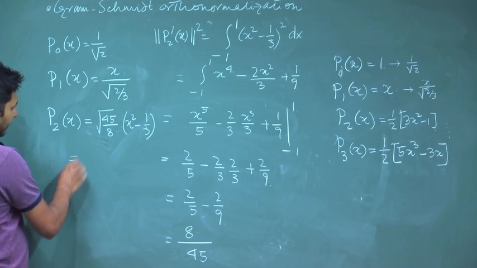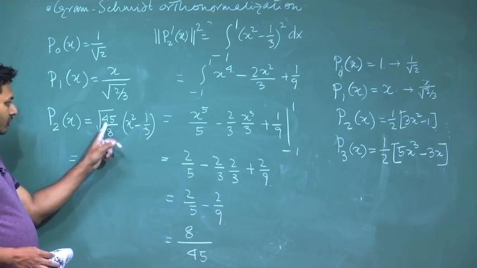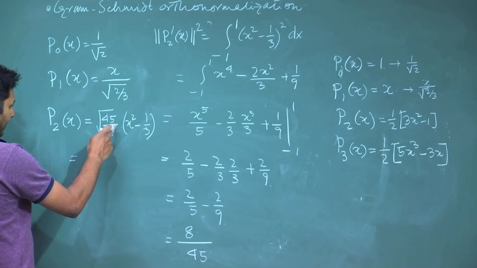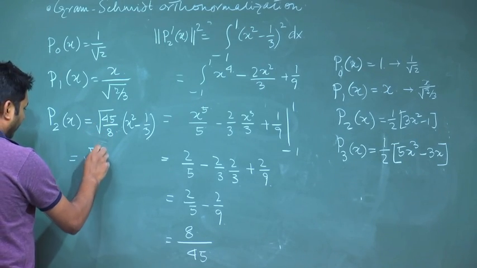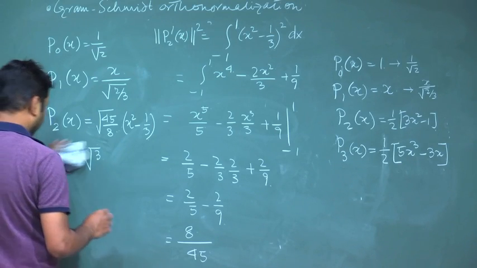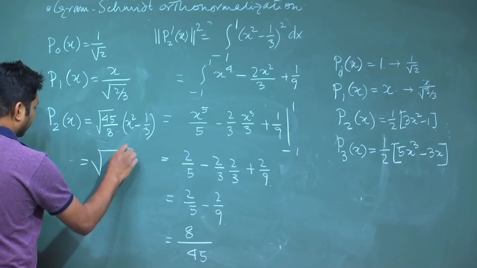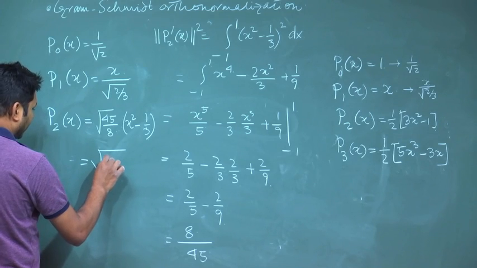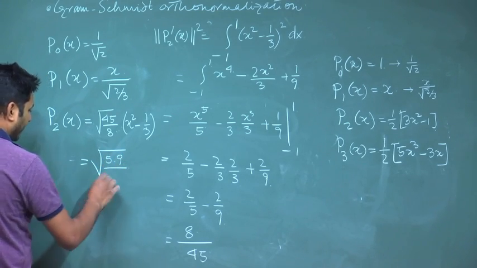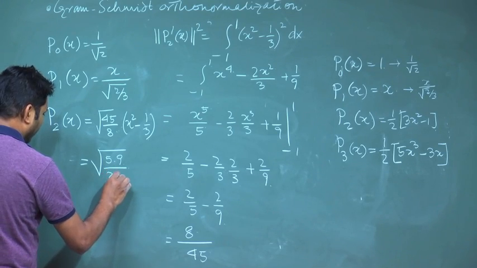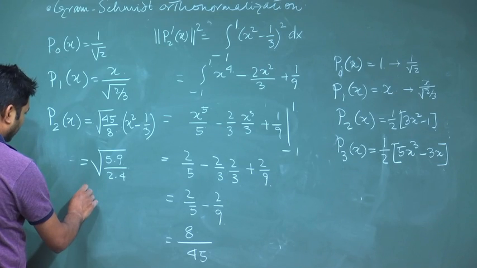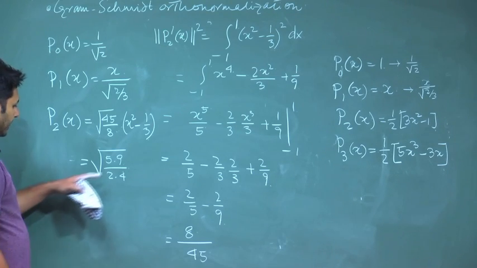Now, if I slightly modify these things, root over of 45, I can write as 5 into 9, divided by 2 into 4. So, it is this quantity.